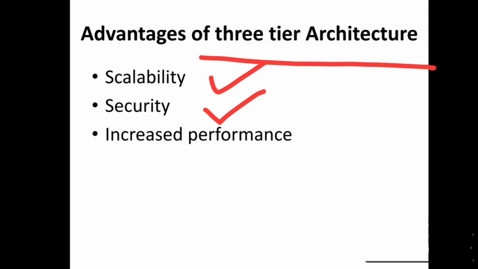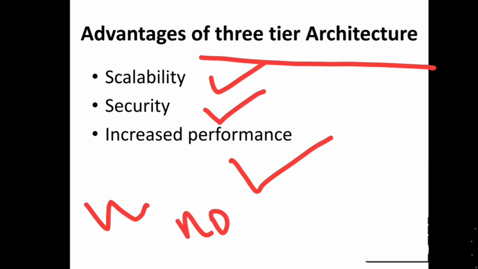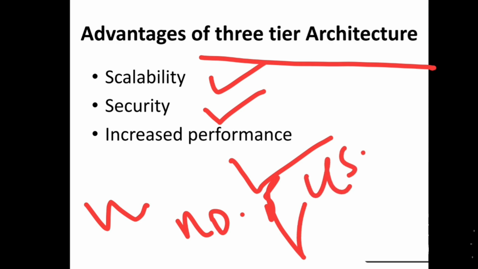Next advantage of the three-tier architecture is increased performance. In three-tier architecture, performance is surely increased because it can easily deal with n number of requests of n number of users. Right?